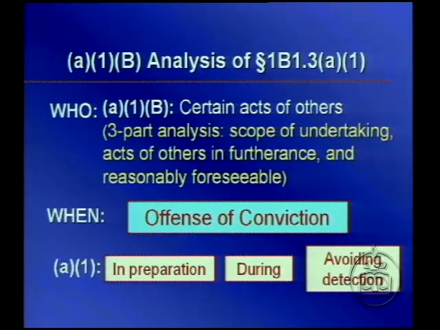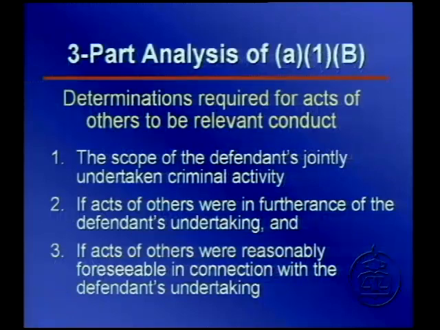But in order for our defendant to be held accountable for certain acts of others, there's actually a 3-part analysis that has to be completed by the court. And as you can see here, there are 3 separate determinations that need to be made to determine if certain acts of others can be considered within a single defendant's relevant conduct.